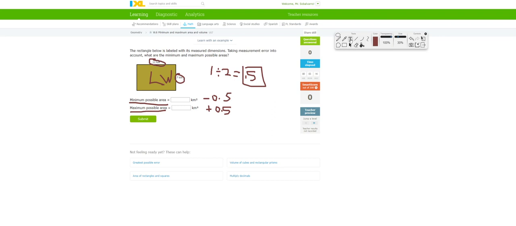So let's go ahead and do that. For the minimum possible area, I'm going to subtract 0.5. 11 minus 0.5 will be 10.5, then times 6.5 because I'm subtracting 0.5.